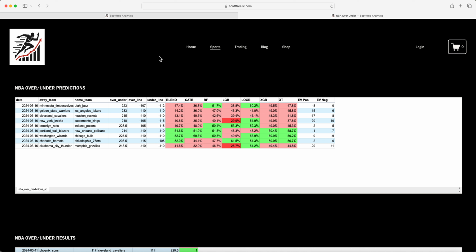So here we are. This is for betting on NBA over-unders. And you'll see, of course, the date, away team, home team, what the over-under itself is, and then how much is it to bet with the over line, and of course with the under line. Now, the next 7 columns represent our machine learning models that we use historical data.